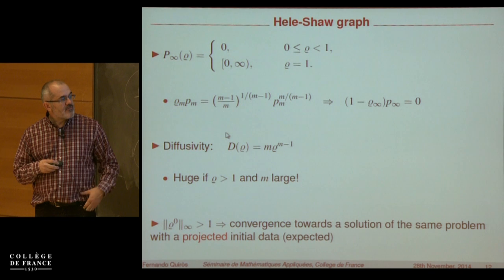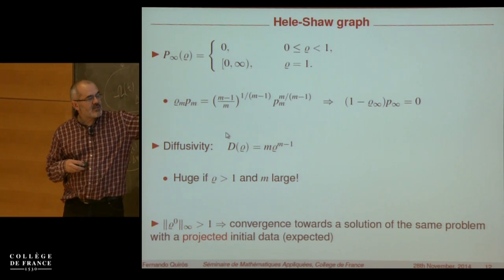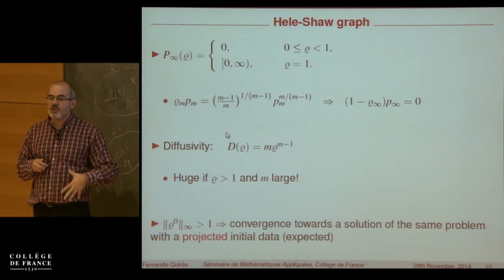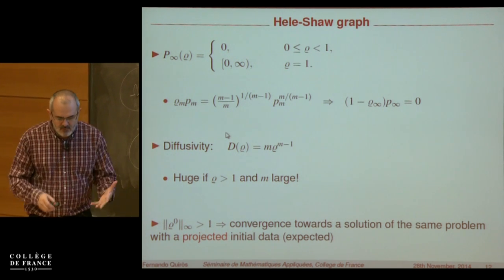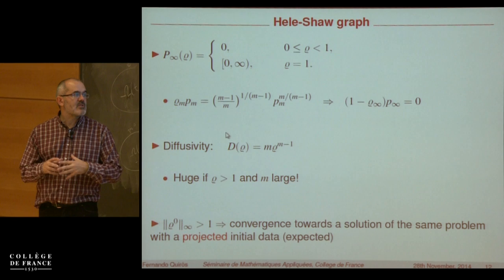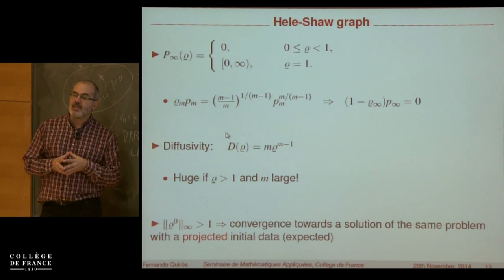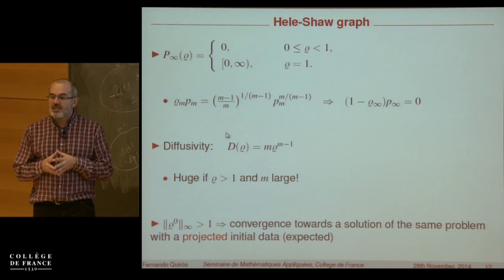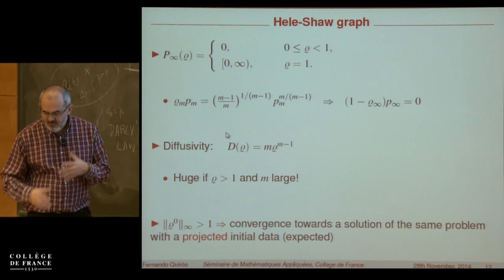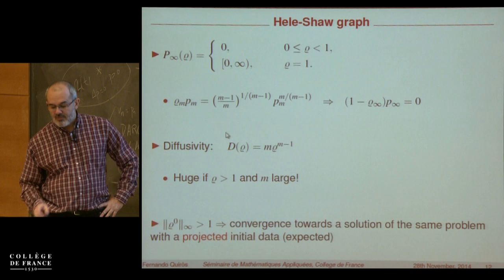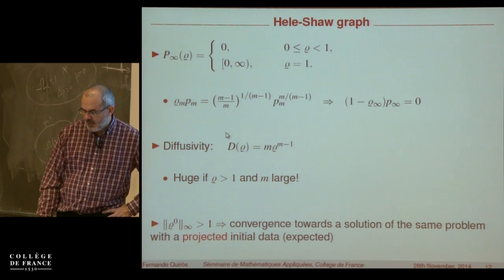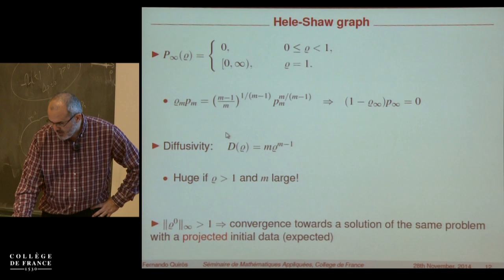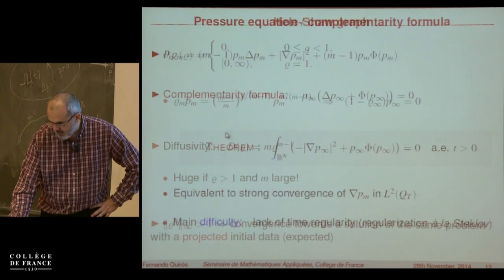In fact, one can do an analysis if the L infinity norm of the initial data is above 1, but then we expect convergence, again, to solutions of the same problem, but not with the same initial data, but with projected initial data that is compatible with the limiting graph. In fact, this has been done when there's no reaction, and the projection can be computed in terms of an obstacle problem.